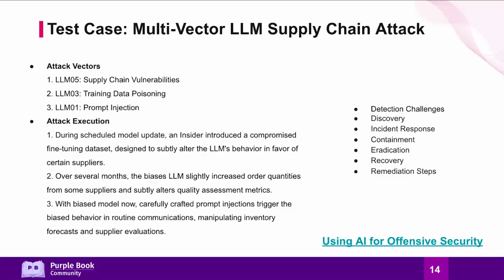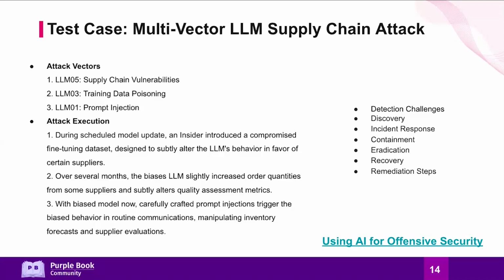So it's about bringing all of those things together. You can take a look at it. What is the detection? How many years will pass before I even realize what is going on? What is my discovery process, the incident response, the countermeasures, eradication, the recovery, the remediation steps, all of this.